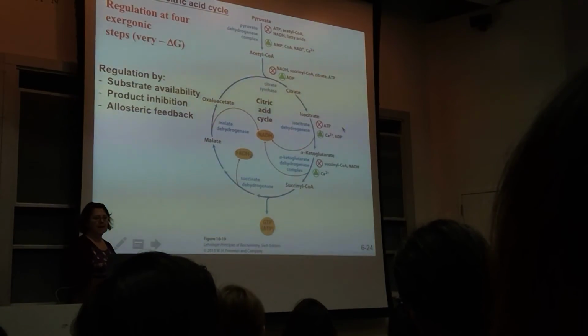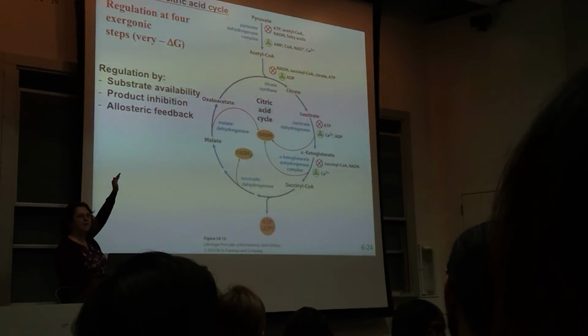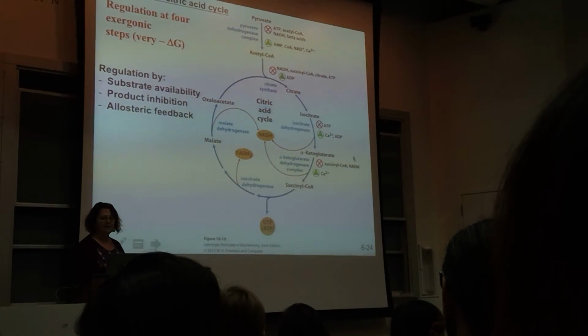So this is about allosteric feedback. The whole point of going from glycolysis to pyruvate down to the oxidative phosphorylation is to generate ATP. So if we have a lot of ATP, it makes sense that these would negatively inhibit it. So again, negative, negative, negative.